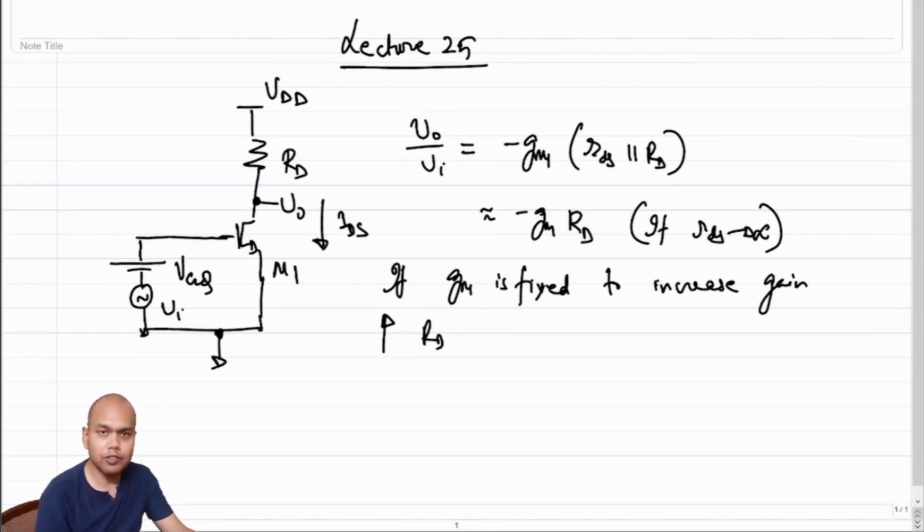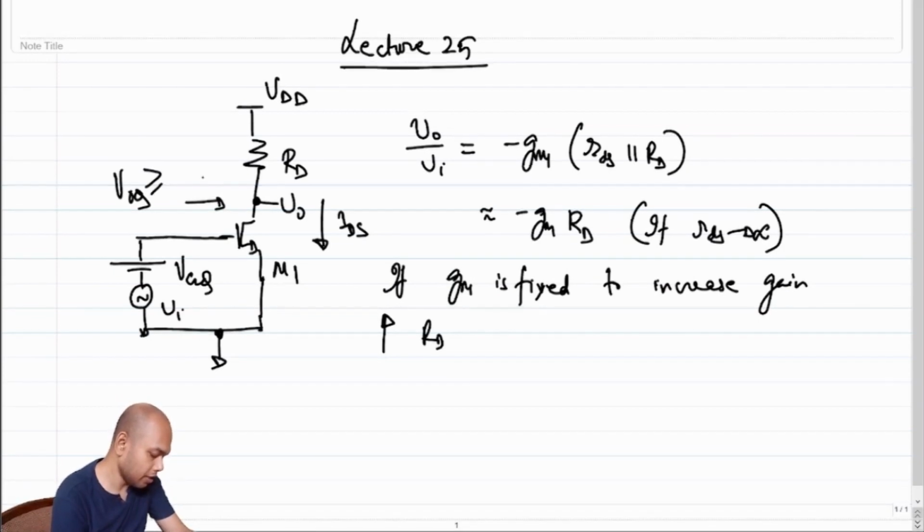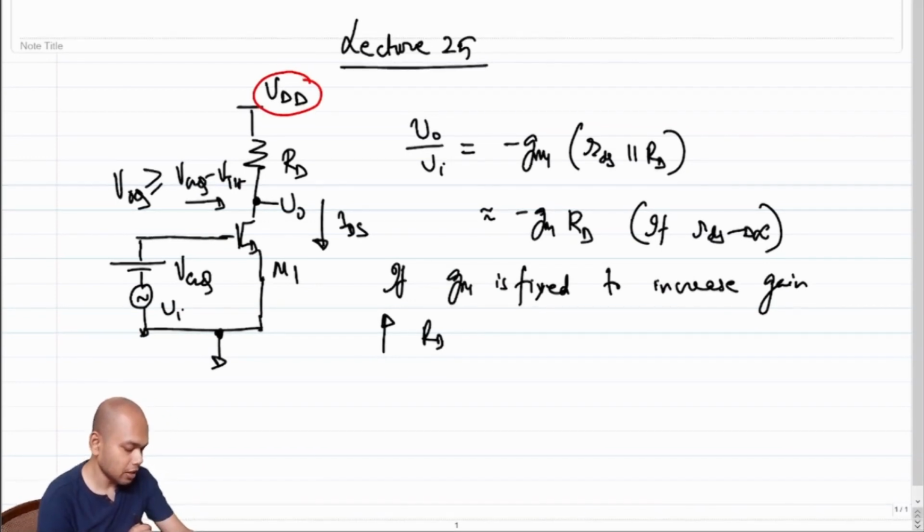And what is the limit of saturation voltage? The limit of saturation voltage is that the quiescent voltage at this node, V naught Q, should be greater than or equal to VGQ minus threshold voltage. Now, if VDD is fixed, and you keep on increasing RD, what is happening to the quiescent voltage?